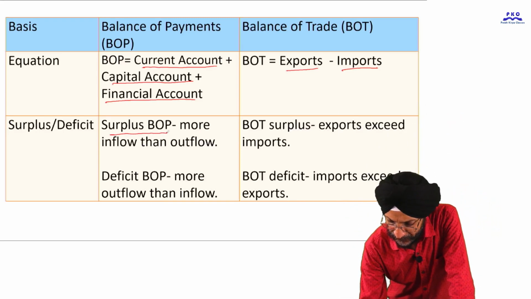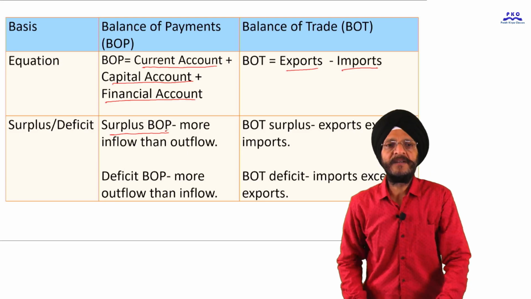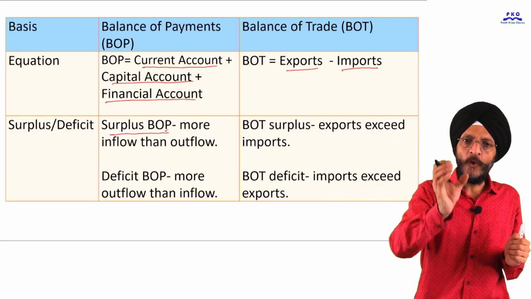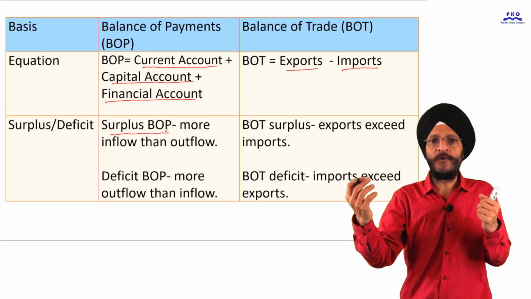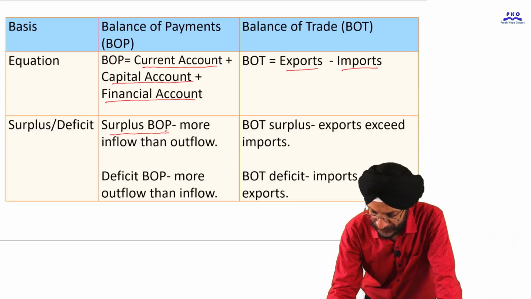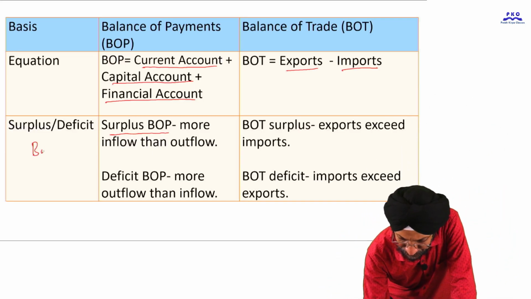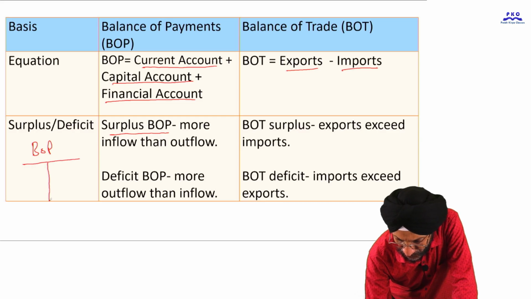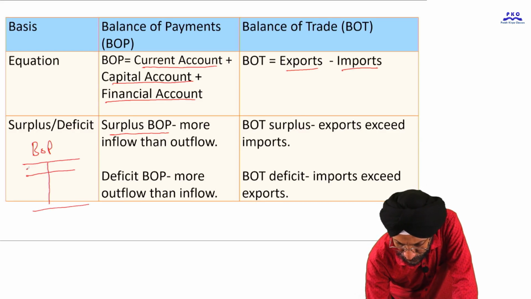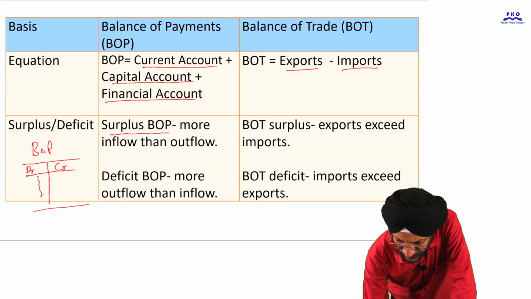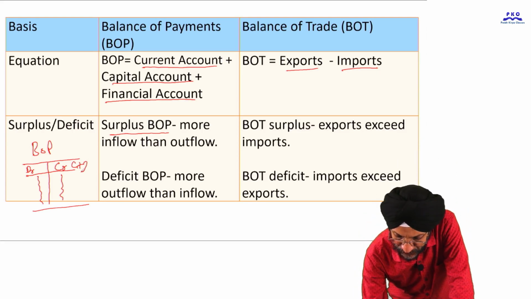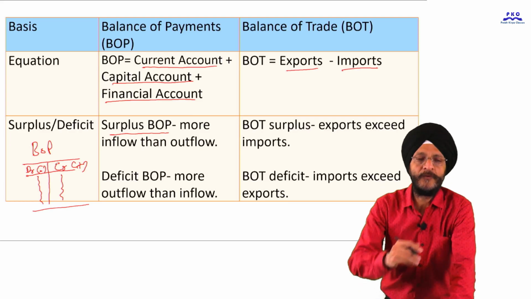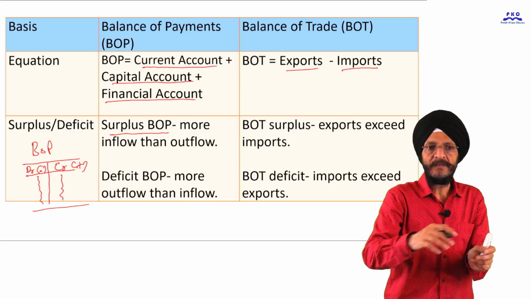Surplus balance of payment occurs when there is more inflow of foreign exchange than the outflow of foreign exchange in total. When we discuss balance of payment, we record all the items. Here we record debit items, here we record credit items. When there is outflow of foreign exchange, it is recorded on the debit side.